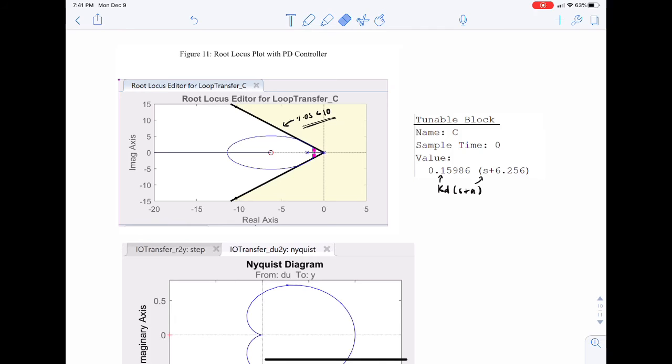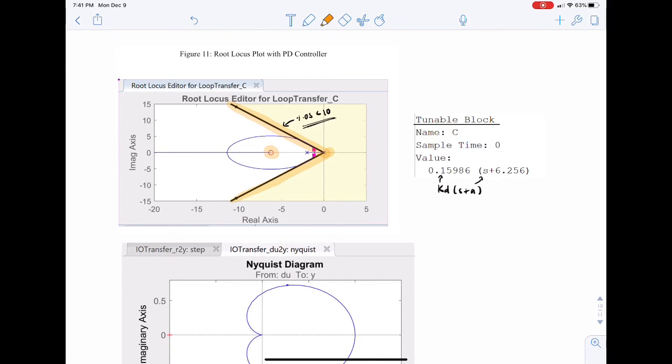Once we've modeled the correct step responses from MATLAB and Simulink, we can note the root locus plot. First, we can note that the percent overshoot is less than 10%, denoted by these lines, and then we add a real 0.